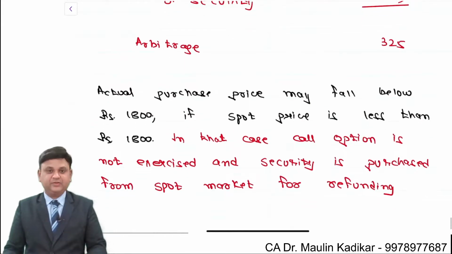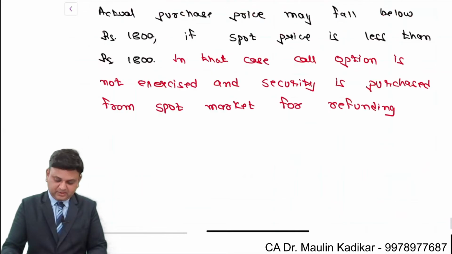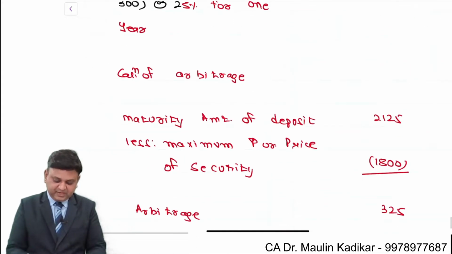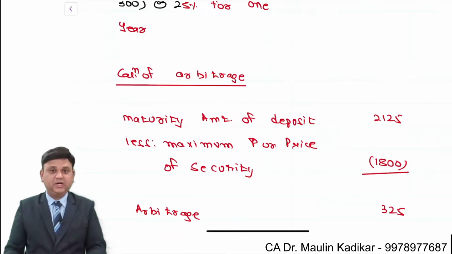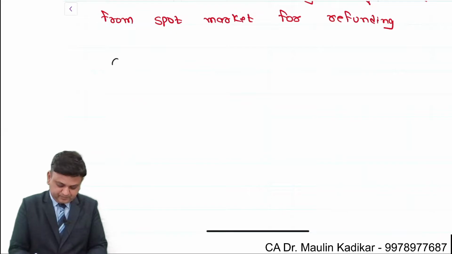Friends, the calculation of the arbitrage, the way we have done the presentation, that we can do in a different manner also. How we can do in a different manner, I just explained to you. Calculation of arbitrage.